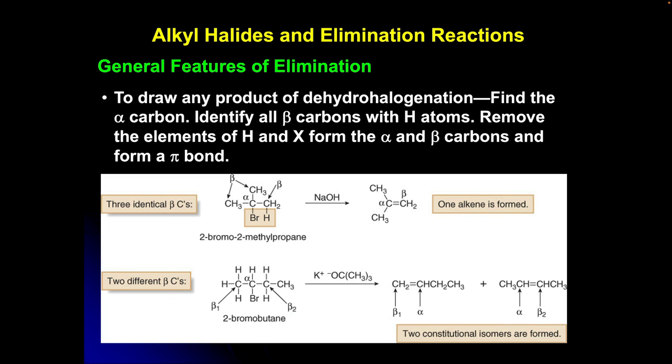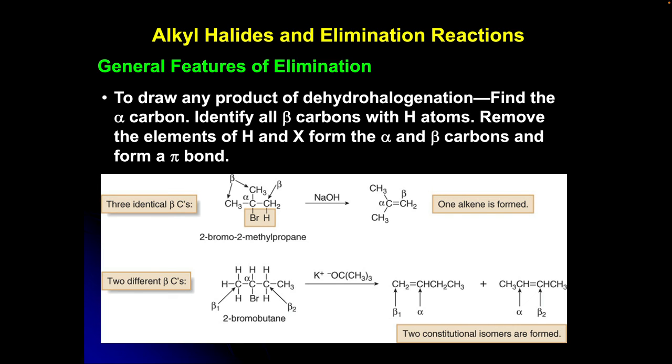Now here's an example where we're taking tert-butyl bromide. We are reacting it with sodium hydroxide. Okay? I know that sodium hydroxide under these conditions will not function as a nucleophile. And how do I know that? I know that because, at least in an SN2 reaction, let me rephrase that, because this is a tertiary alkyl halide.